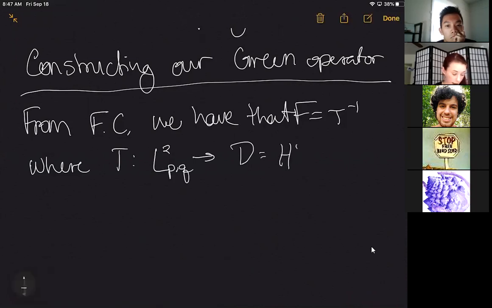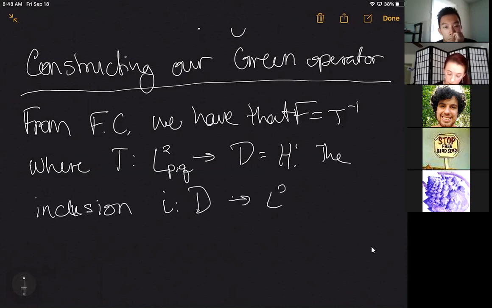And then we have an inclusion which puts D back into L2. And the corollary that we saw to Garding's inequality is that this inclusion is compact.